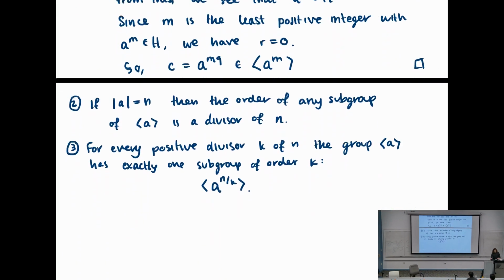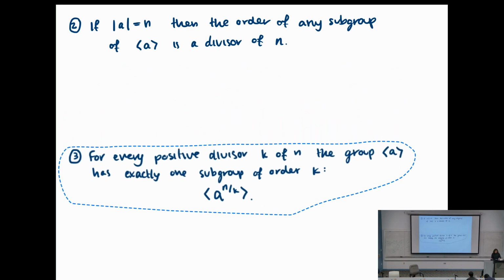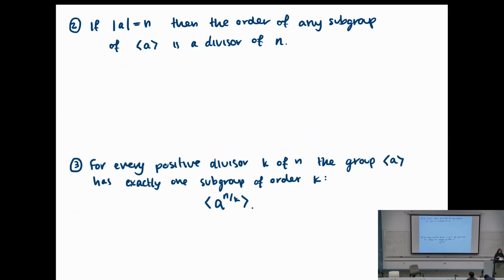So here are the other two parts that we still have to prove. I'm going to give you all a few minutes to think about how to prove part 2.